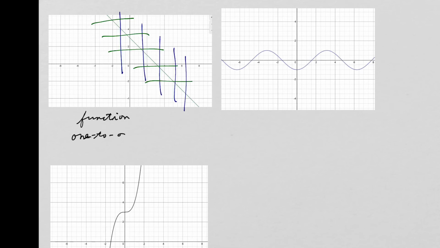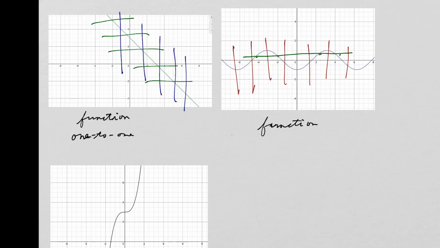Okay, the sine wave. Well, it passes the vertical line test for sure, right? So it's a function, but it doesn't pass the horizontal line test, right? It intersects in several points here, right? More than one. So it's just a function, but not one-to-one.